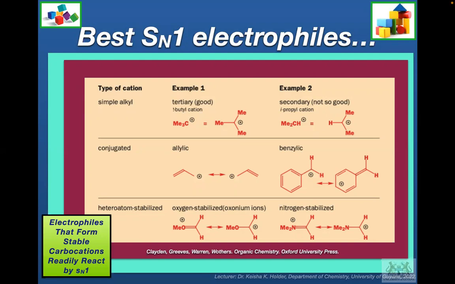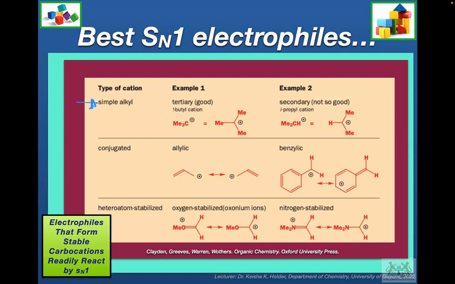So it then means that since we know that the critical intermediate in an SN1 reaction is a carbocation, we have to look at our electrophiles through the lens of what kind of carbocation would form as a result of it, or resulting from it, right? So in the case of the first electrophile, we have a simple alkyl electrophile, which would lead to a simple alkyl carbocation.